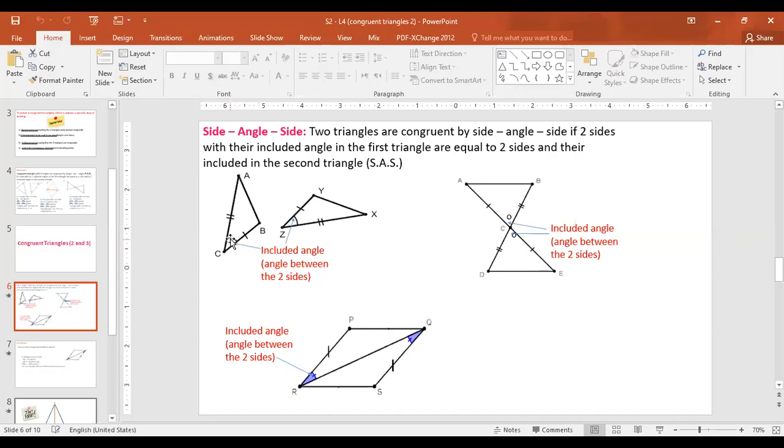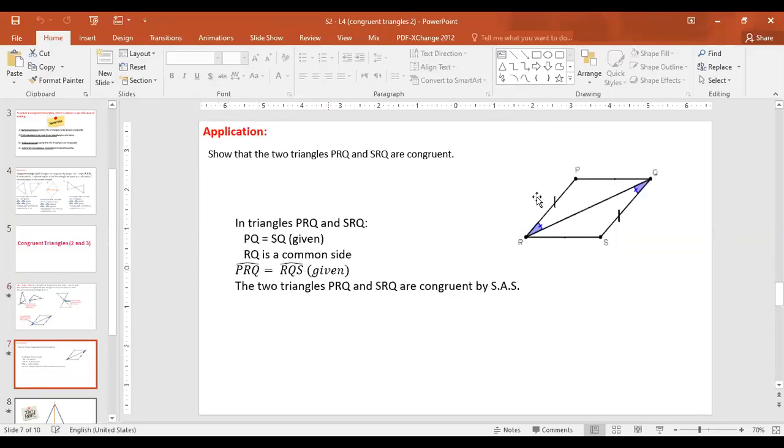So the angle we use in our given elements is an angle included between the two sides we have taken. This is very important. And yesterday we did this application on congruent triangles by SAS.